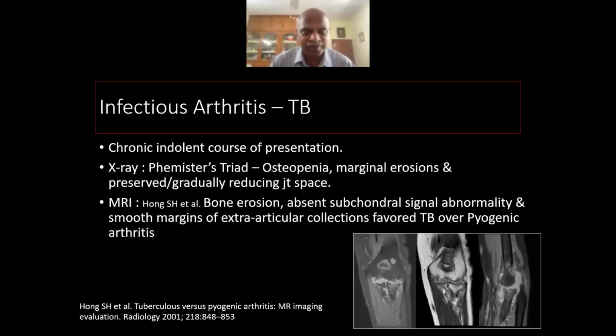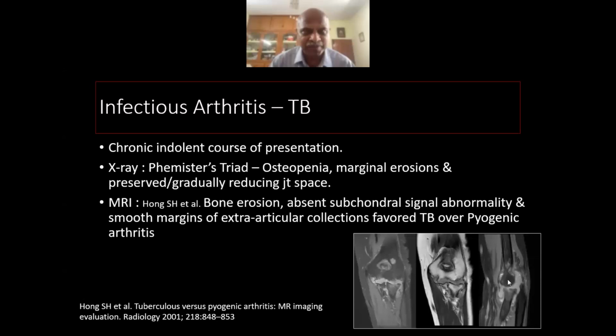Again, this is just a pointer to the fact that TB is a chronic indolent process, and the body has had time to react to it, and that's why the disease process is slowly progressing, and not so much of subchondral changes.